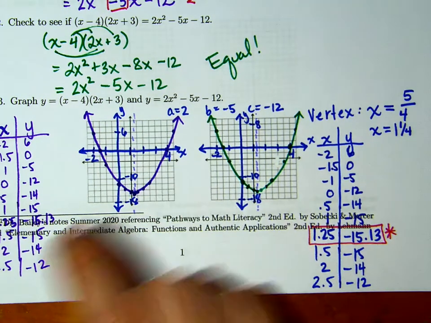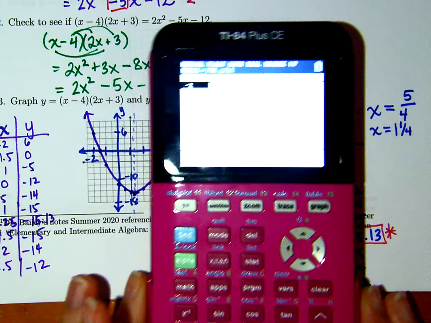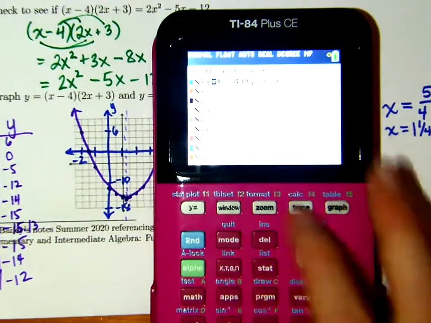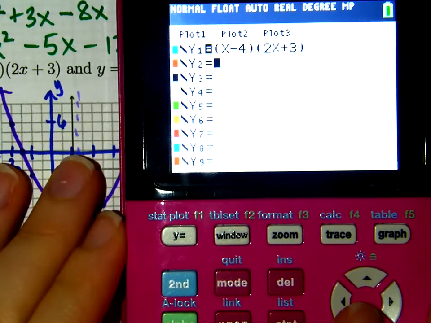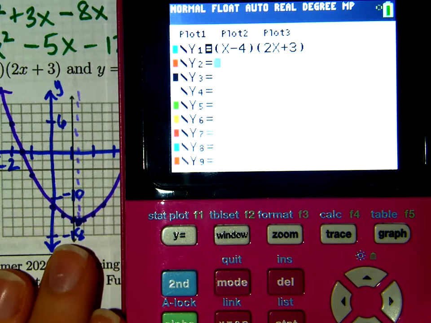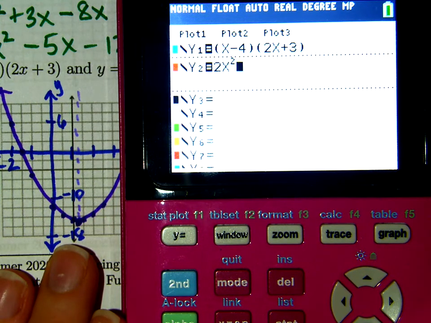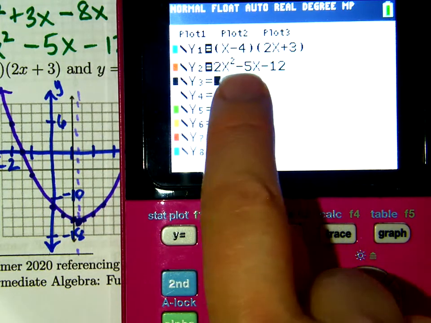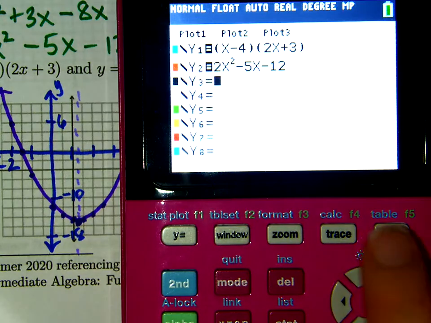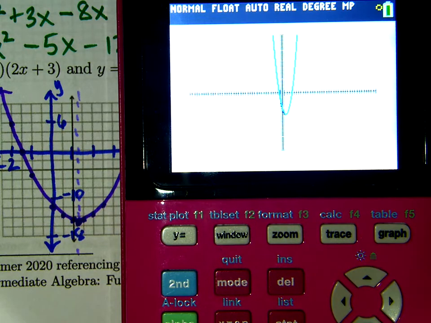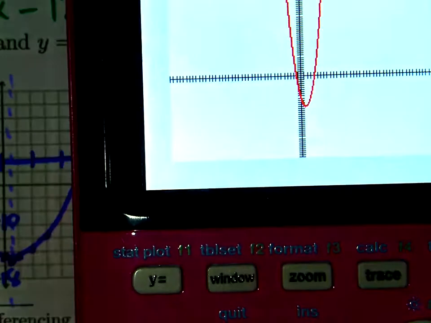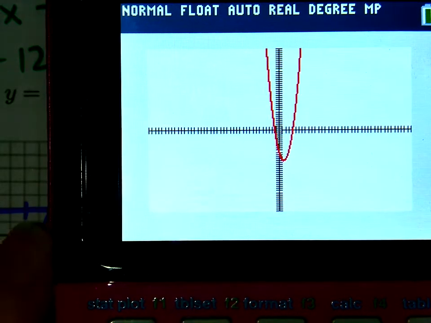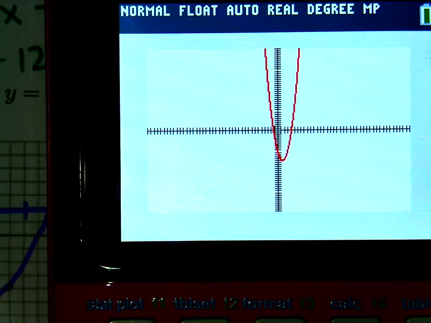But I also know that when we multiply, what was it, 2x squared minus 5x minus 12, when we multiply and we come up with a solution, and we graph both of them simultaneously, they are the same image.